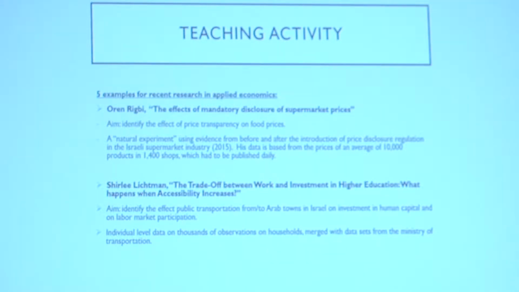There are about 1,400 shops that have to publish daily the prices of 10,000 products. They use this change in policy to identify the effect of the transparency on the prices, because prices change anyway.